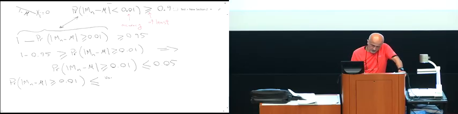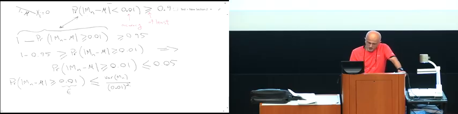Variance of Mn over what's my epsilon here? Isn't this my epsilon? Yes or no? Okay. So here I have what in the denominator? Epsilon squared. Yeah, 0.01 squared.